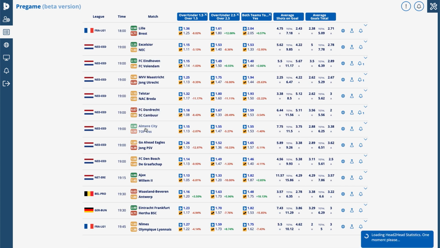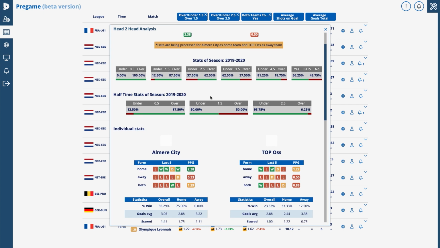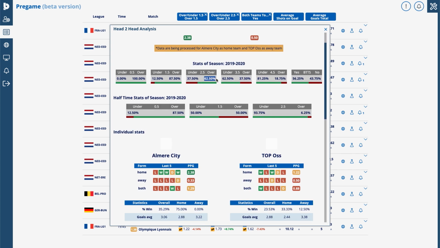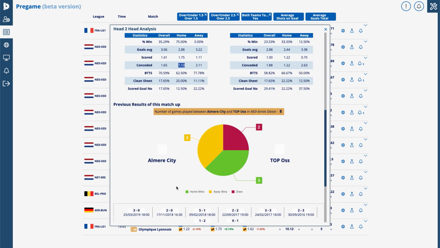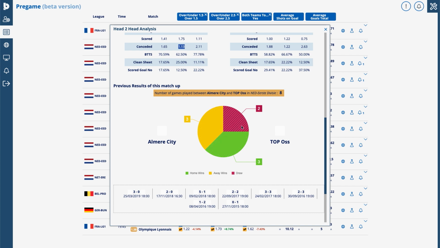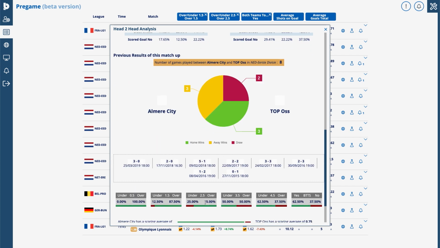Okay, Almere against top odds. We have over. Home, not too bad. Oss is not doing very well when playing away. It's conceding a lot of goals, not scoring. Okay, anything can happen really. Lots of variation here, and lots of goals.